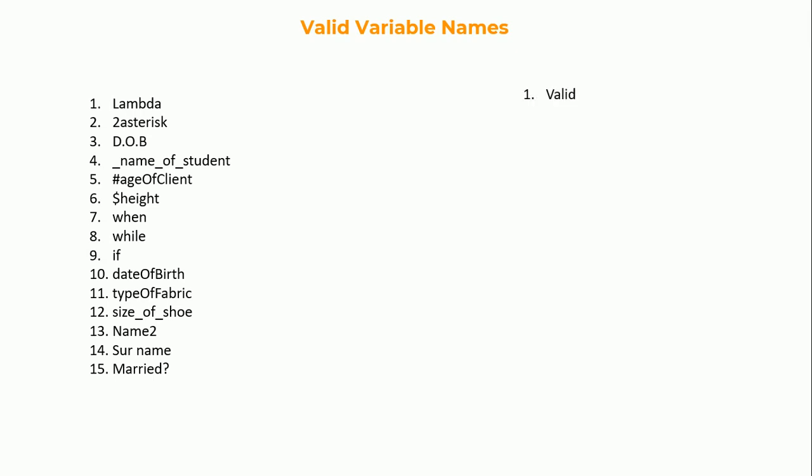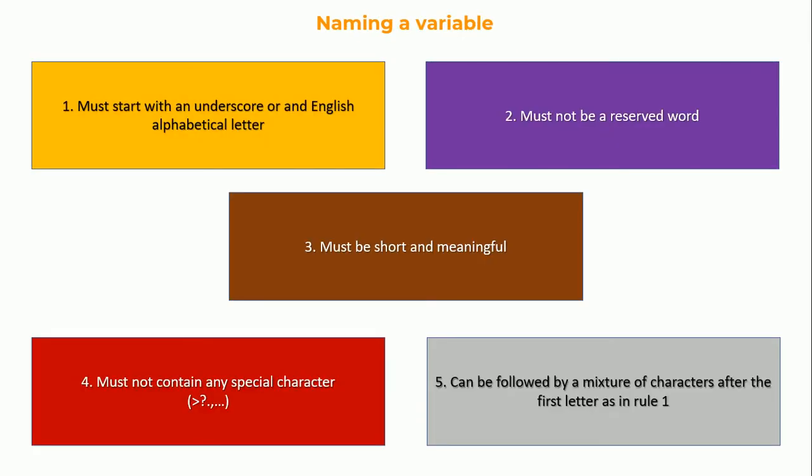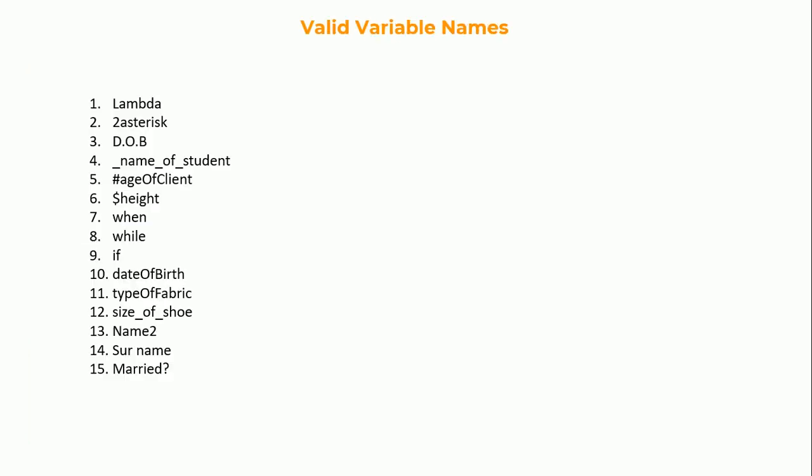Now, the second example, it is not valid because it starts with a number. And with a number, it's not part of the first rule that we gave. It should be an underscore or an English alphabetical letter. All right. The next one starts with an English alphabetical letter, all right, but it has special characters with respect to the space, the full stop, and so it is not valid.